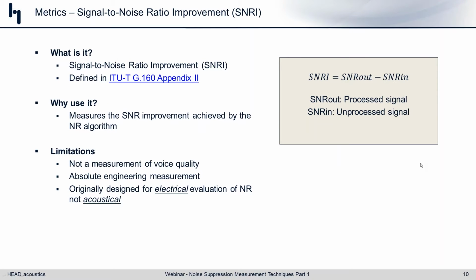Which brings us to a little bit more of a modern day metric, which comes to us from ITU. So this is SNRI, or signal to noise ratio improvement. This was designed specifically as an evolution to D-value and A&R. It really was looking at an improvement in evaluating SNR improvement.